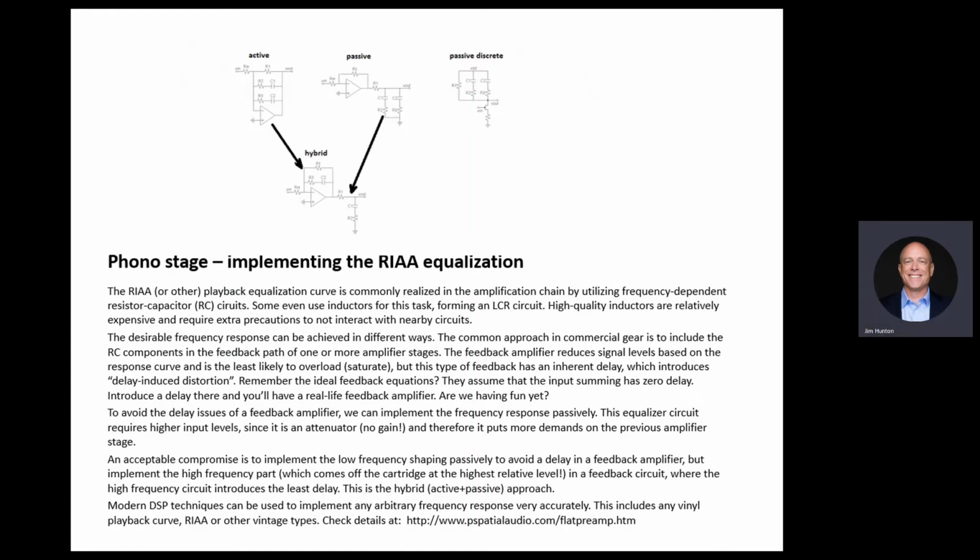The active basically puts all the resistor capacitor of the RIAA in the feedback of the amplifier. The passive says, no, let's just amplify and then put the resistor capacitor. The hybrid will put some of it in the feedback, some of it passive.